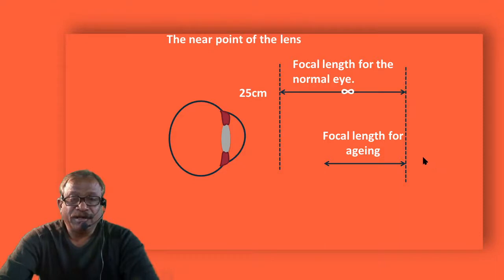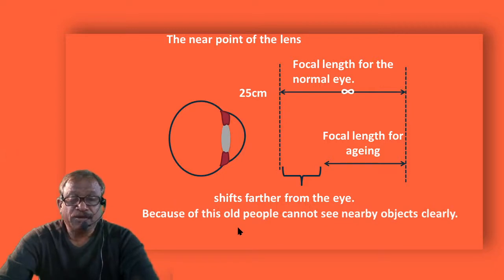So the near point of the lens shifted farther from the eye. Therefore, we cannot see the nearer object clearly. Because of this, old people cannot see nearby objects clearly. The defect is called presbyopia. This is the same as hypermetropia, but presbyopia is obtained in aged people.